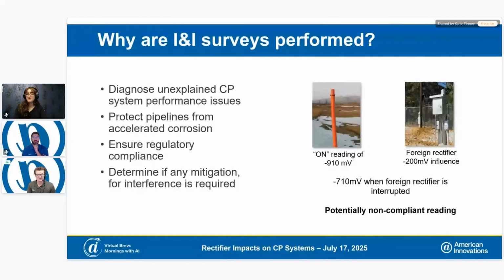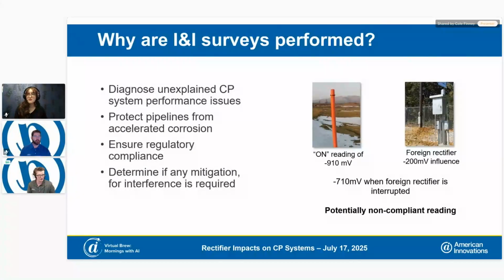I have an example on the right side here. Say my test station reads negative 910 millivolts when my CP system is on. So I'm within the NACE and PHMSA criteria, I'm within compliance. But I'm not aware that there's a foreign rectifier from my neighboring CP system that affects my pipeline, and it's providing me 200 millivolts of extra current that I wasn't aware of.